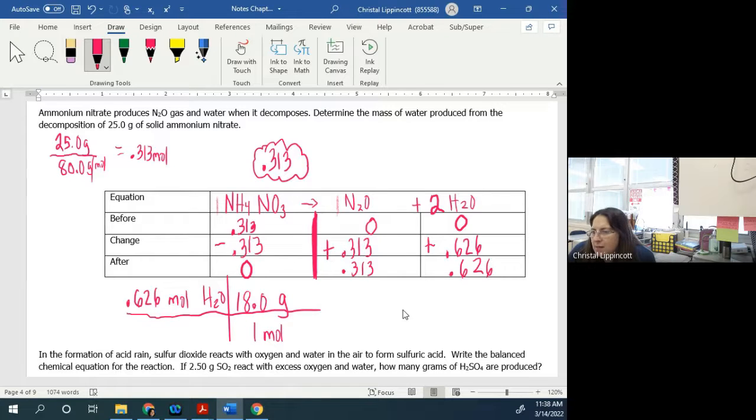This 18 came from the periodic table. It's 2 hydrogens and 1 oxygen added together. So I multiply those together and I end up with 11.3 grams of water. Is that making sense?